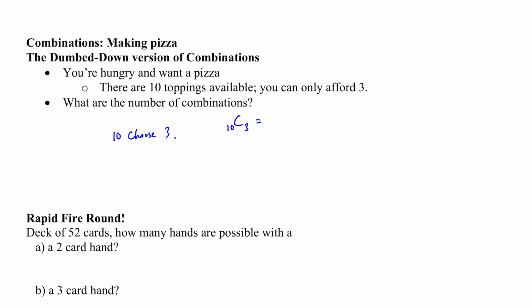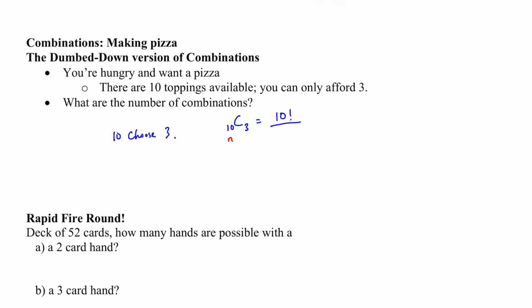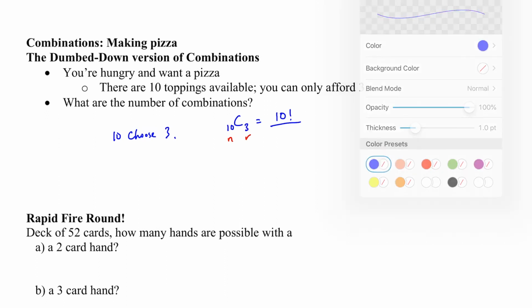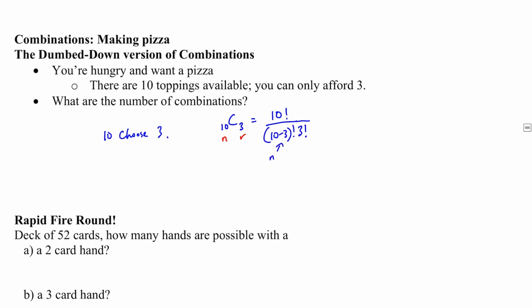So we would have 10 choose 3, which is equal to 10 factorial, because this is our n and this is our r. So it's 10 factorial over 10 minus 3 factorial times 3 factorial. This is our n minus r, and this is our r.